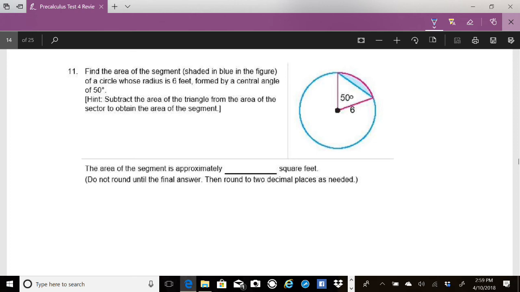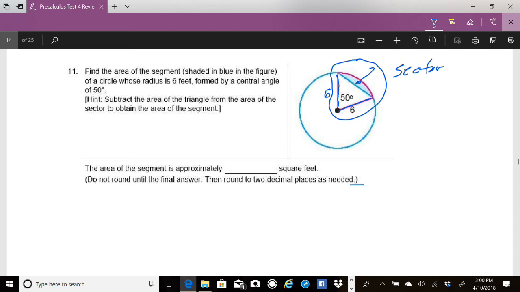Now, notice that we have a triangle here, the two sides being 6 feet, and this sector of a circle includes a triangle plus the shaded area.